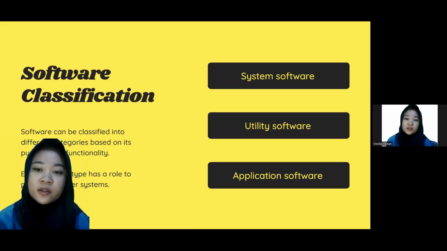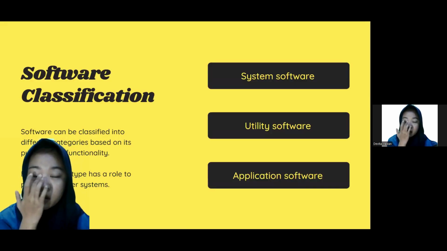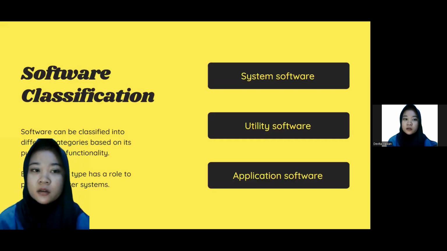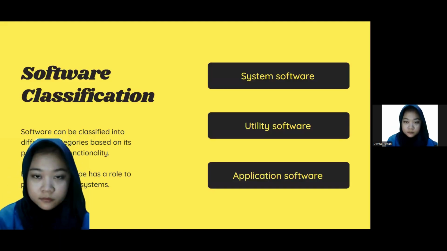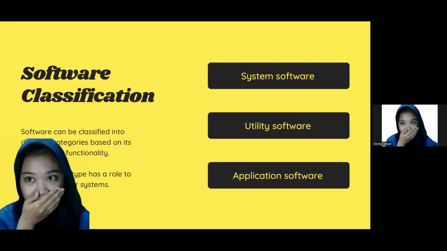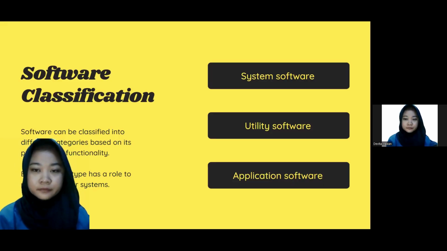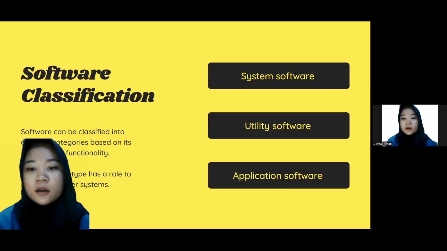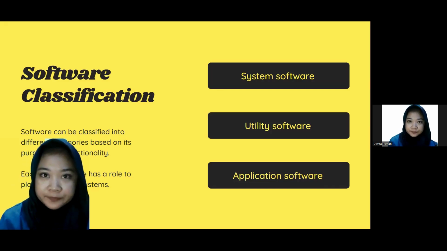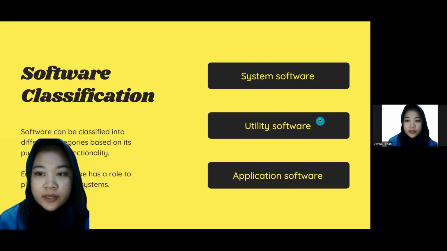So these are the three software classifications that I want to explain. The first one is system software, the second is utility software, and the third is application software. Okay, next.